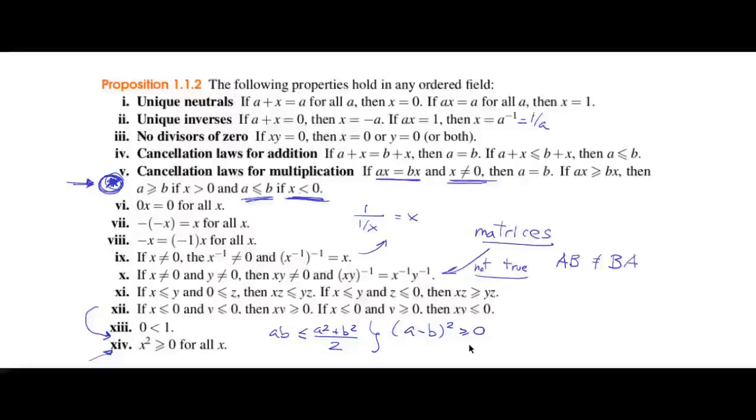We know that, right? Now we use the distributive law to expand this. We know that this is this, greater than or equal to 0. And then we sum 2 times ab on both sides.